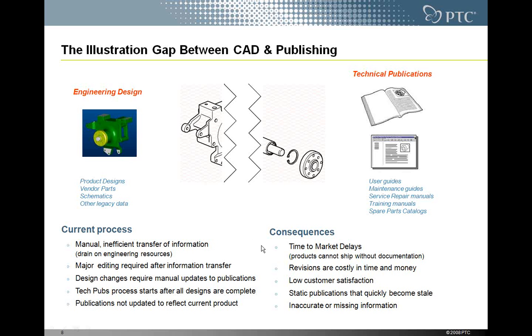If you're not getting engineering information in time, obviously there's going to be delays in creating the documentation. Design freezes a week before you're supposed to deliver. That's not giving you a lot of time to create your documentation. Revisions after the products have shipped, it's costly in time and money. Your customers out in the field are not going to be very happy if they receive a product and the documentation is wrong and they have a repair that they have to do.